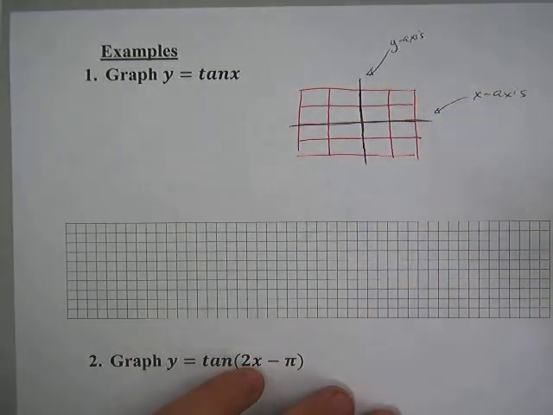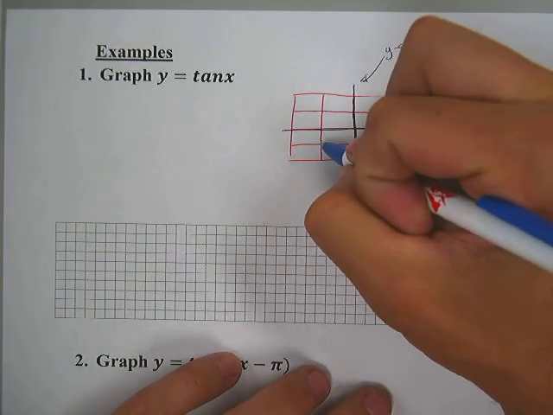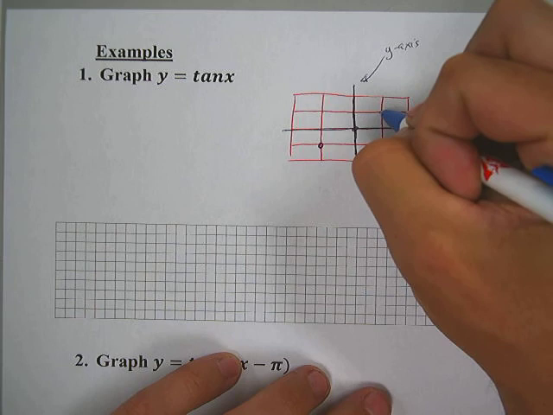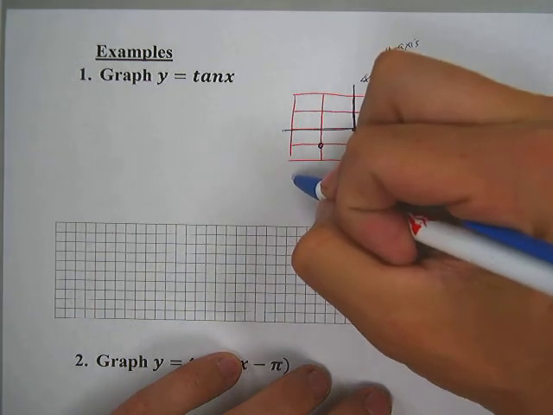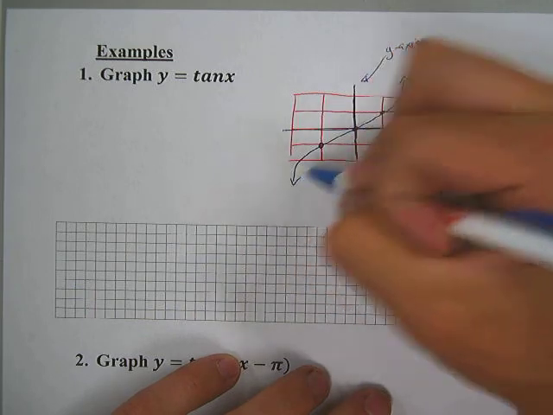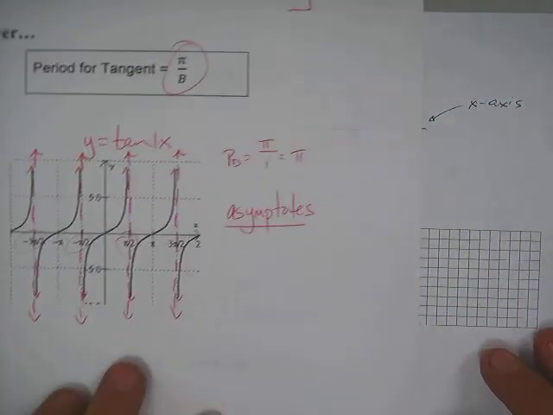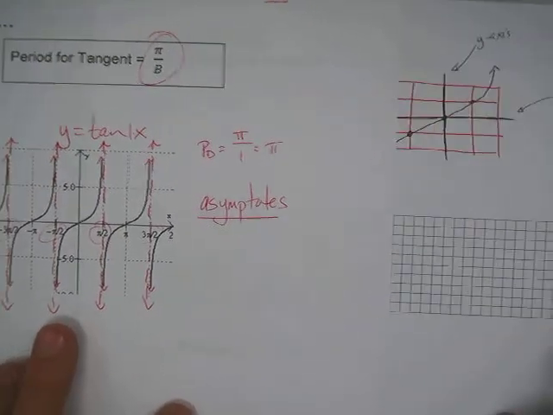Okay, and then if you remember when we did sine and cosine, we drew in what the sine or cosine would look like. Well, we're going to do the same thing here. The way we're going to do it is we're going to put 3 dots right here, and I'm going to draw the little curve.